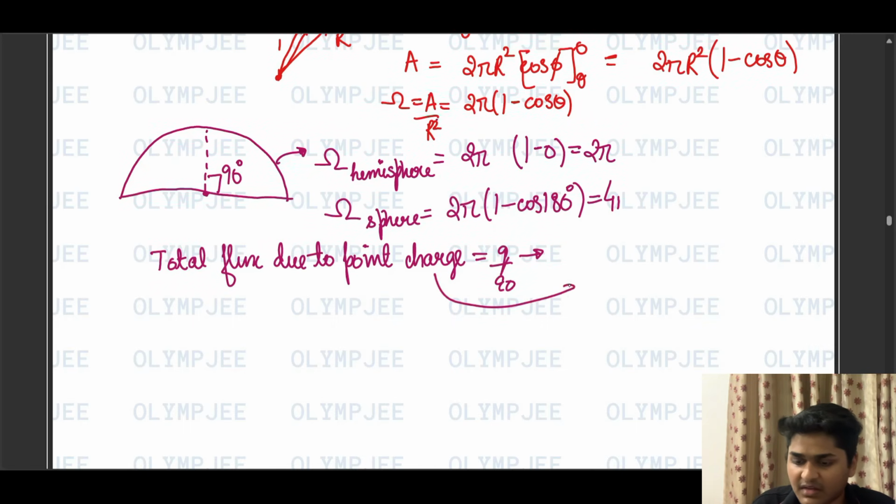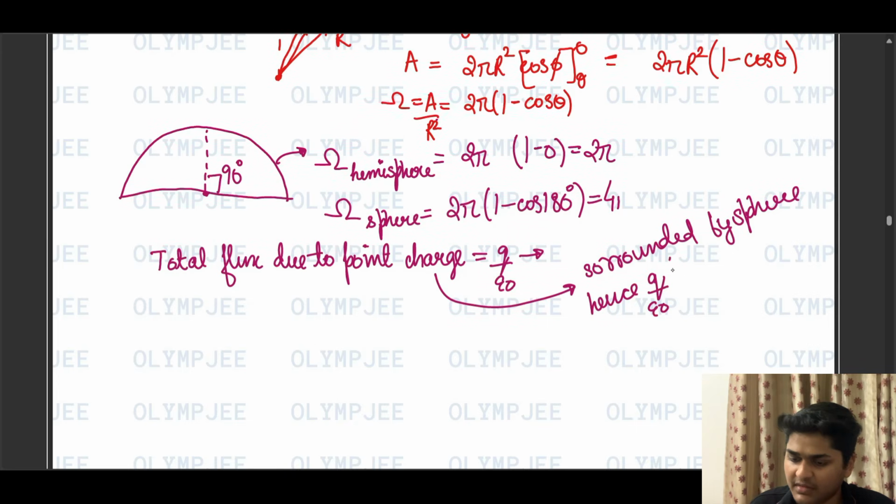This point charge is surrounded by sphere. Hence, q by epsilon naught flux is distributed over 4 pi solid angle.